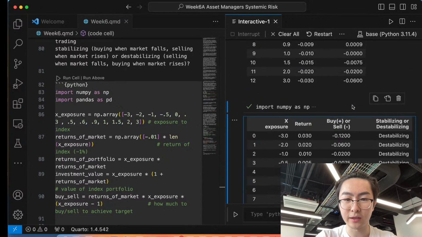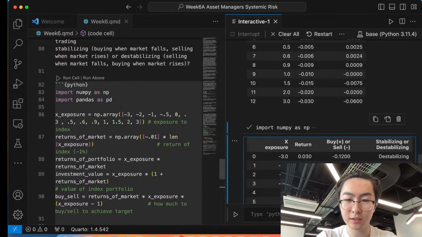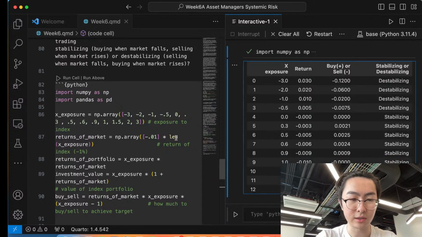So this is the final outputs of the chart that we need to look at.